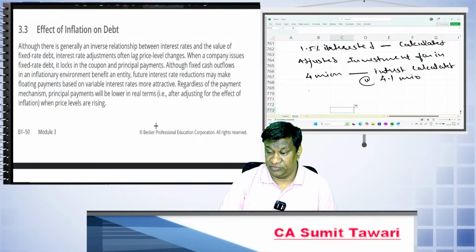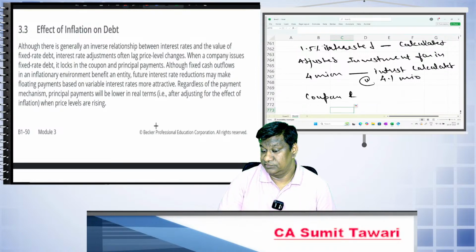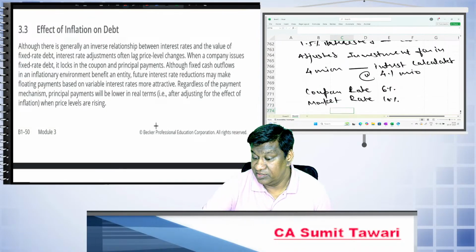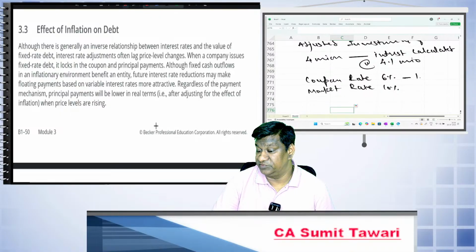Say the coupon rate is 6% and the market rate is 10%. The investment value is 100,000. This is basically the face value.